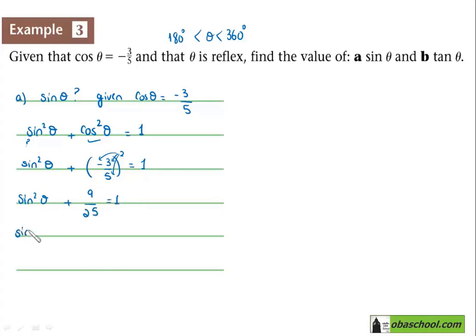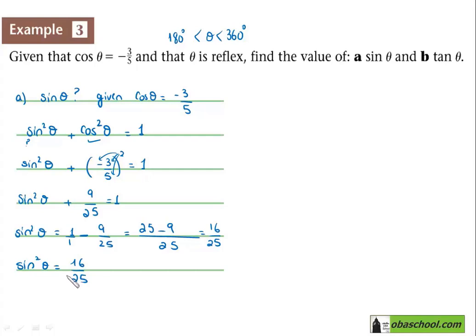Sine squared theta is 1 minus 9 over 25. We take the common denominator, which is 25. So 25 minus 9 over 25, 16 over 25. Sine squared theta is 16 over 25.